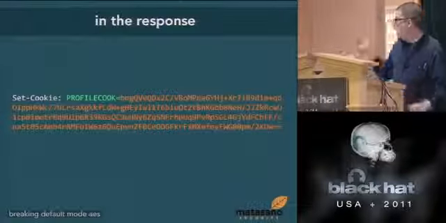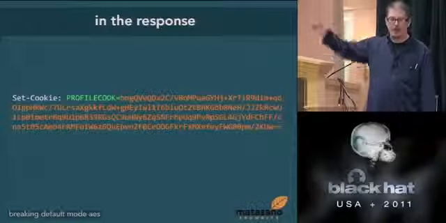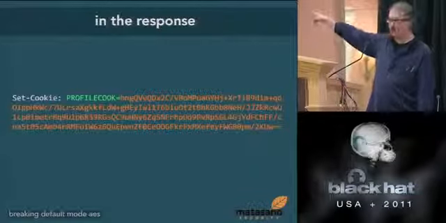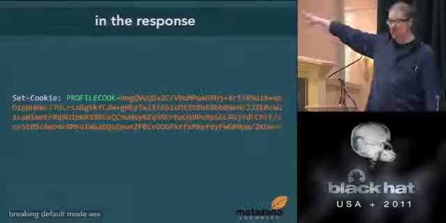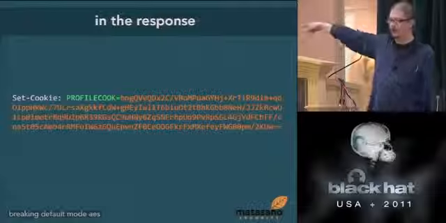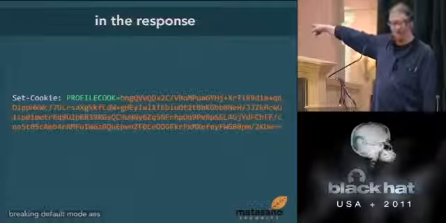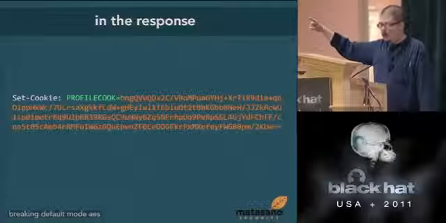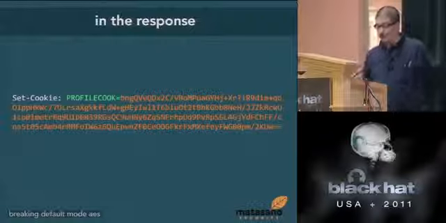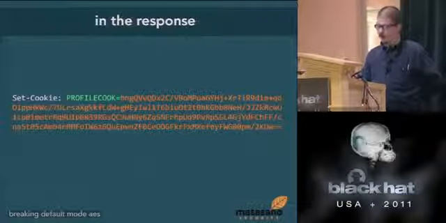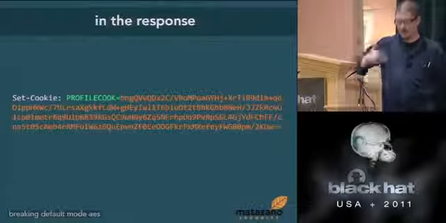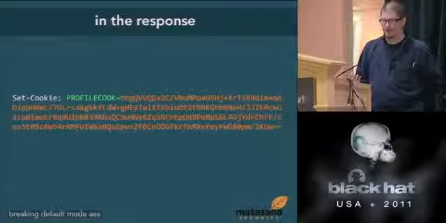But this time, every time we post the form, we get back a set cookie header in the response that's telling us to reset our profile cookie to some big long base64 encoded string, yes, we know that it's base64 encoded, right? And when you log into the application or when you change your profile, that changes, or parts of it change. Since this cookie changes every time we change our profile, it looks like it's holding part of our profile information, right?